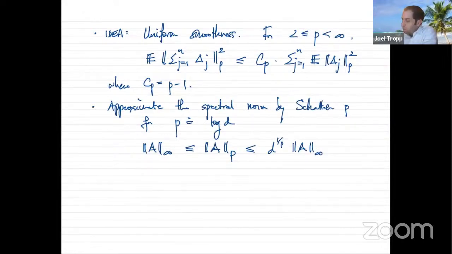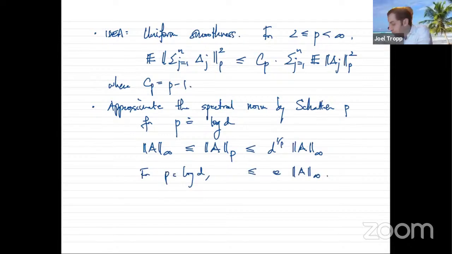And so if we take p to be log d, this constant here is just the Euler constant e, 2.7 and so forth.